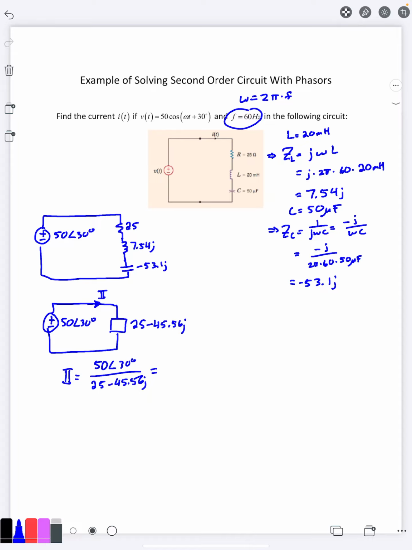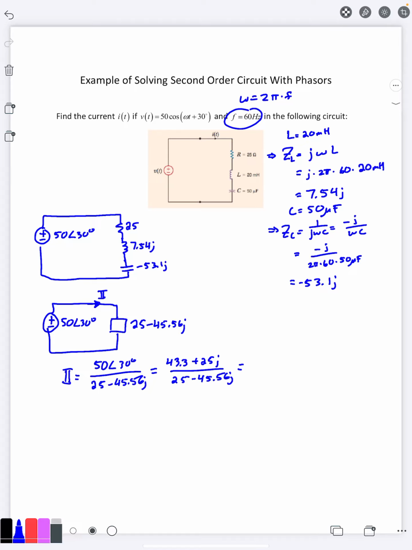Now, we need to do this in a calculator. It might be best to first convert it into rectangular. 50 cosine 30 is going to be 43.3, and then 50 sine 30 for the imaginary part is going to be 25j, over 25 minus 45.56j. You can try to divide them by hand, but much better to use a calculator.